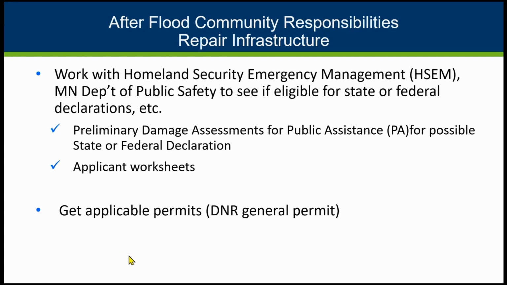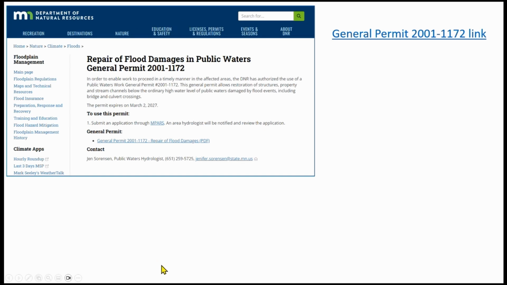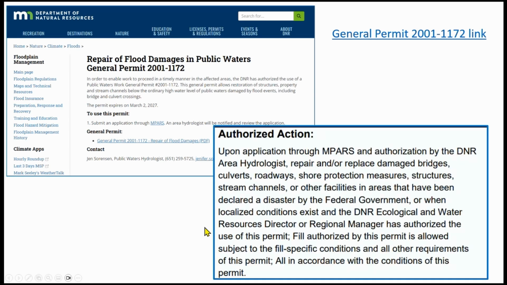So we're working with Homeland Security Emergency Management, need to get applicable permits. If it does involve a public water and needs a DNR permit, we get the general permit for repair of flood damages. If there is a federal declaration that makes that permit applicable, also our regional managers can say, hey, we've got severe flooding in this area.